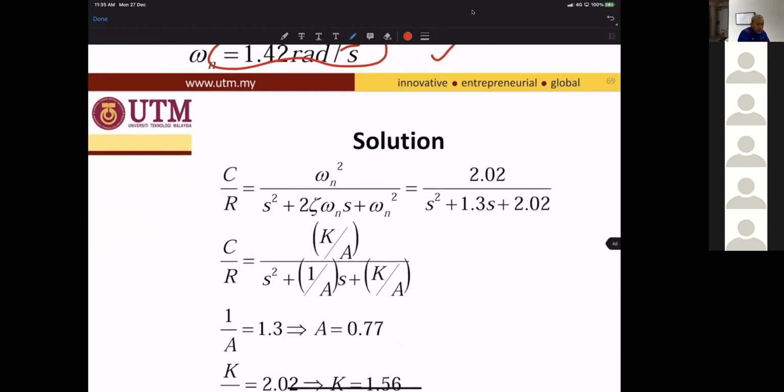So you insert, omega n square, which is 1.42 square, 2.02. Then you compare with this, K divided by A. So 1 over A is equal to 1.3, which is here.